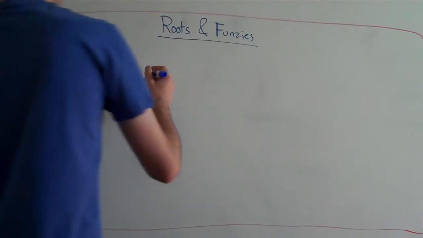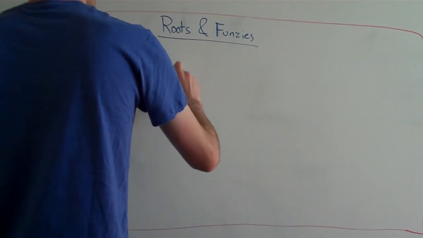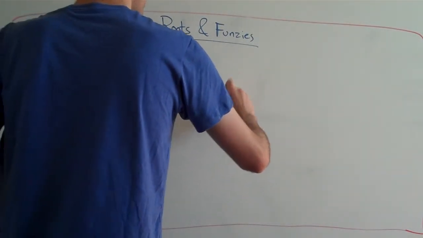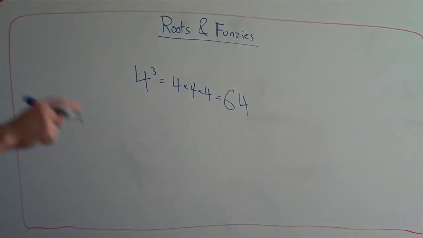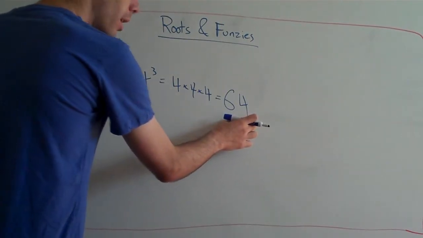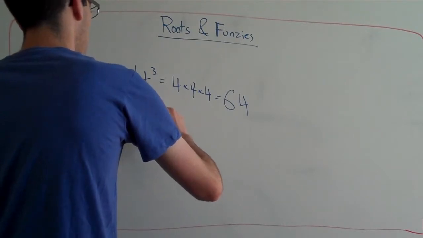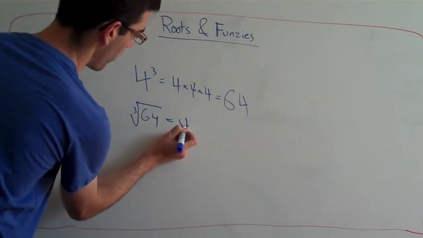So for example, 4 cubed equals 4 times 4 times 4 equals 64, right? But that's making numbers way, way bigger. And a cube root of 64 equals this small number 4.